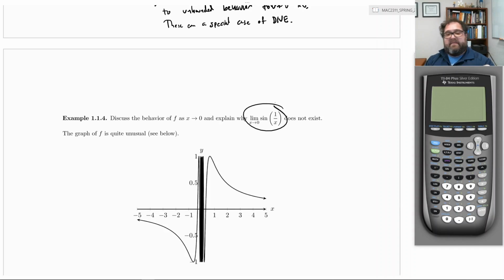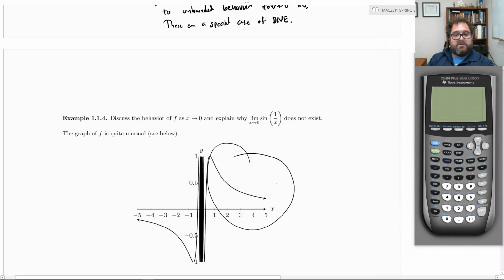Okay, so the graph is really weird. Like I would not expect you to know this graph. I wouldn't know it unless I have been teaching this for a long time. But it turns out if you graph this, what happens is you have basically a nice smooth curve to the right of the origin, to the left of the origin. Oh, that's not very much to the left.